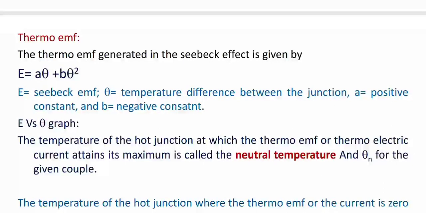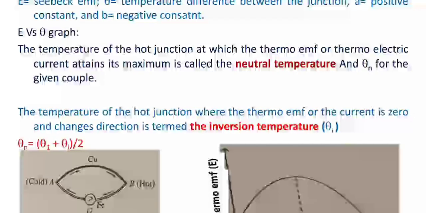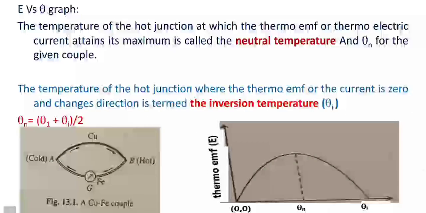This is not an actual temperature, this is the temperature difference. E is the Seebeck EMF, and A and B are constants, but A is a positive constant and B is a negative constant.